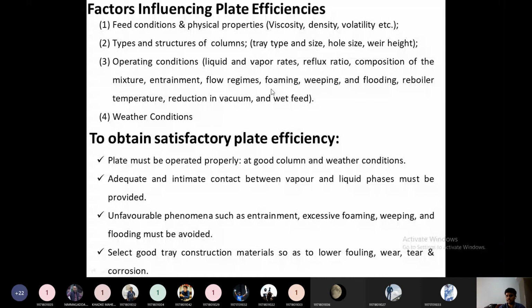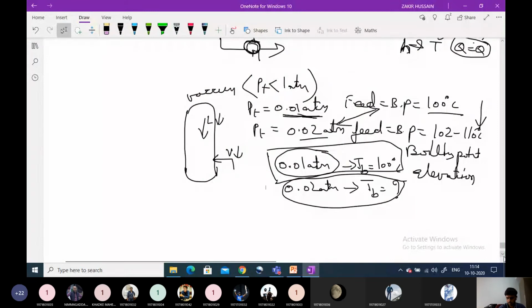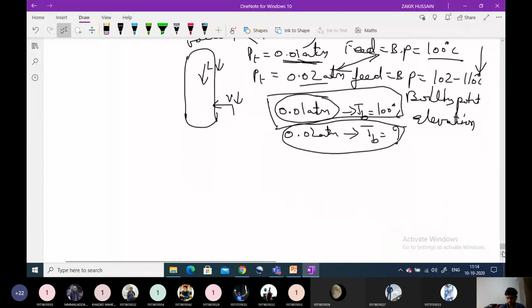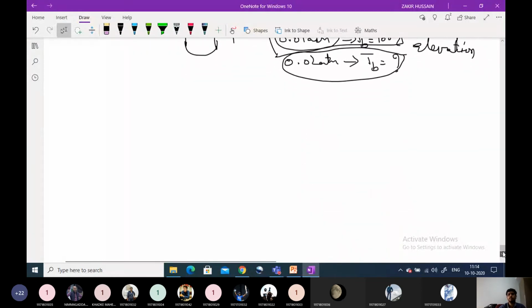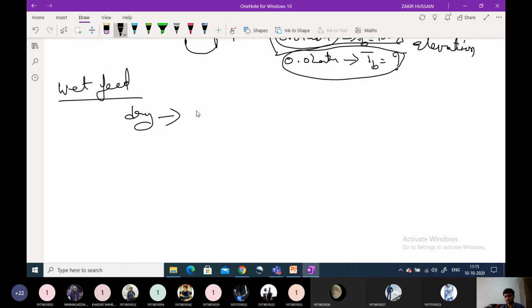Then the next one is wet feed, which is also an operating condition. So what is this wet feed? Wet feed is the opposite of dry feed. For example, some hydrocarbons like crude oil.